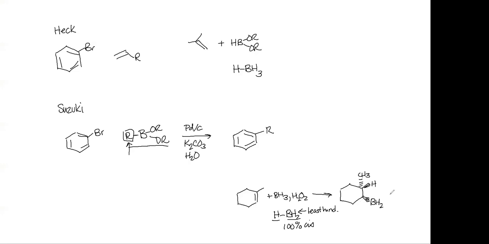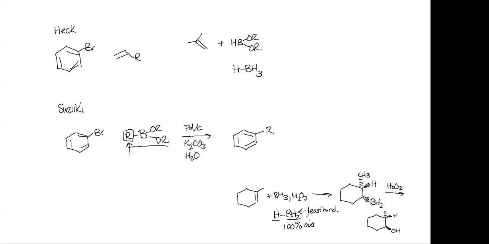Then, because remember it's BH3 then H2O2, when I added the hydrogen peroxide, the BH2 just got replaced with an OH group in exactly that same position. So the BH2 would have been replaced by the hydroxide.